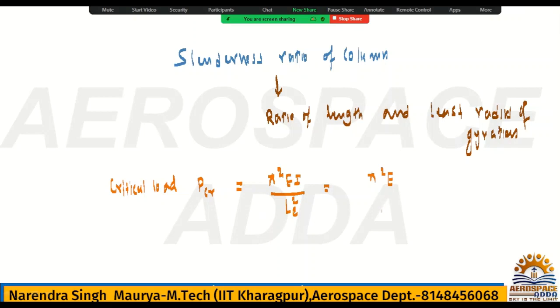If you have heard about the formulation of the radius of gyration, K is the radius of gyration, and least means minimum, divided by LE square.